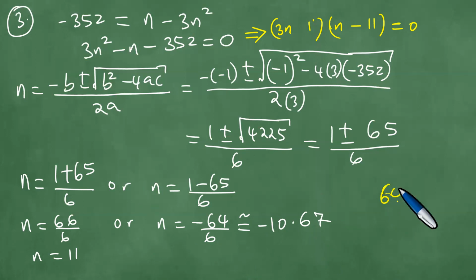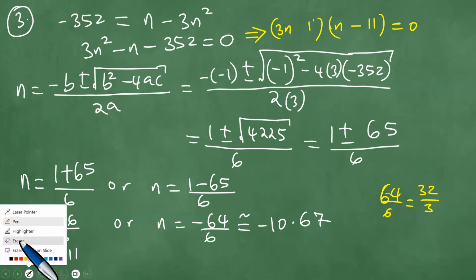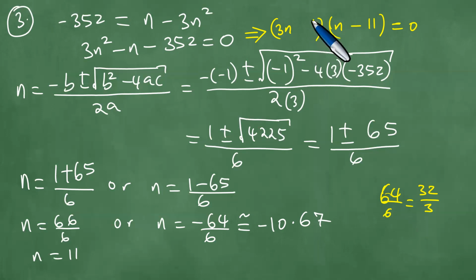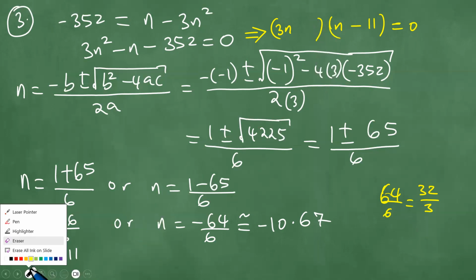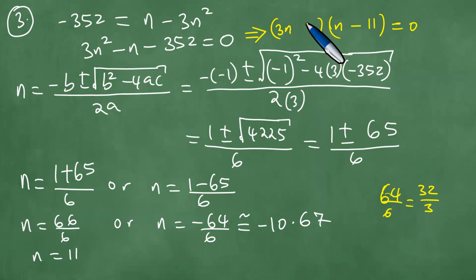I can just do it by hand. 64 divided by 2, you have 32. It's possible, but I use the quadratic formula when the numbers are large. Because then here you have a 32.